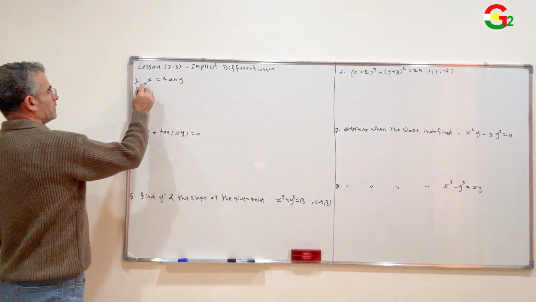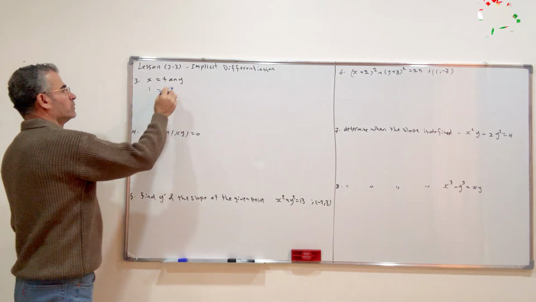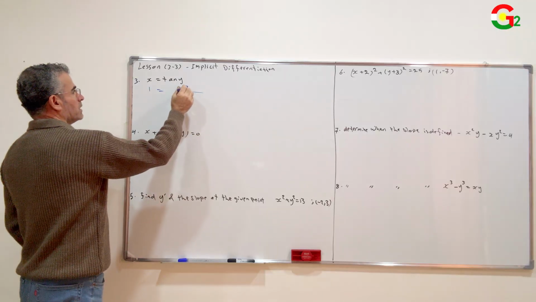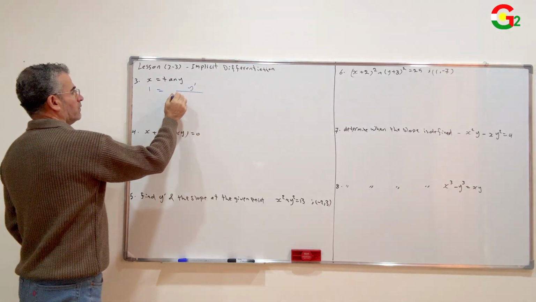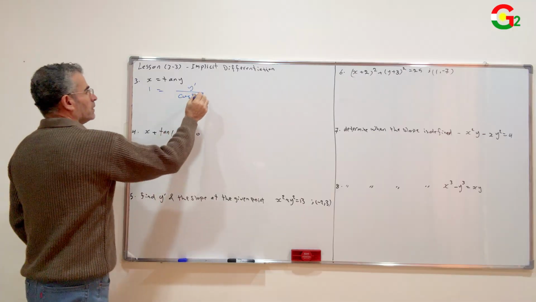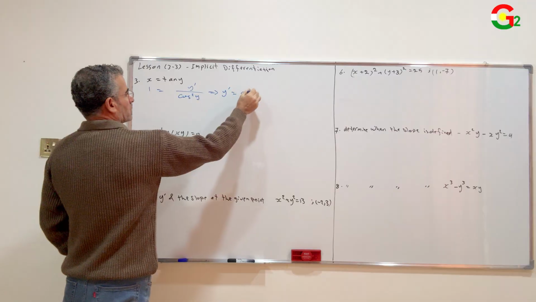Question number 3. Differentiate both sides. Derivative of x is 1, equal to the derivative of tan y, it is y prime over cosine square y. Therefore, y prime equal to cosine square y.